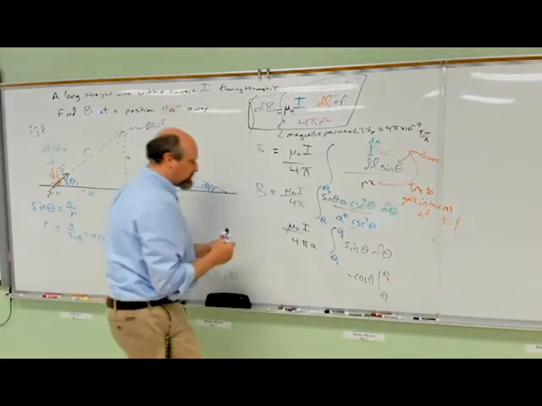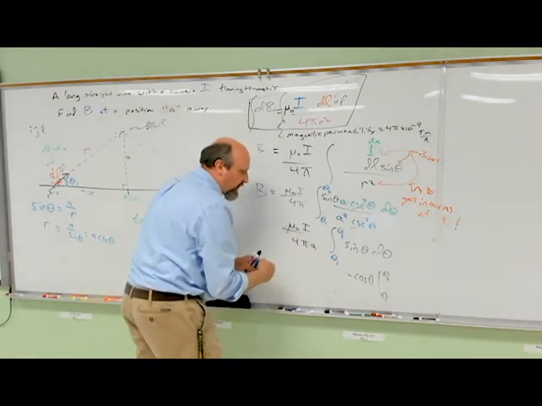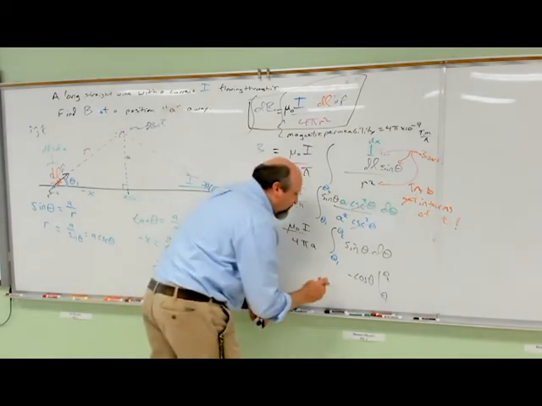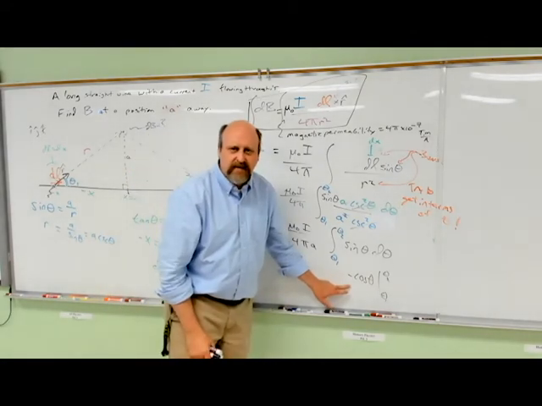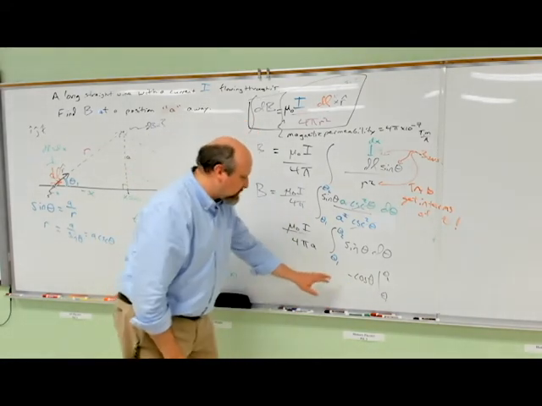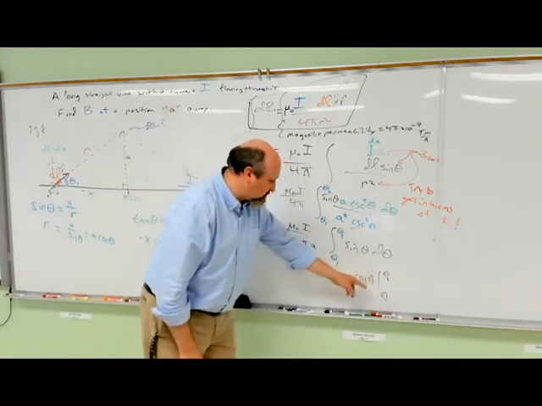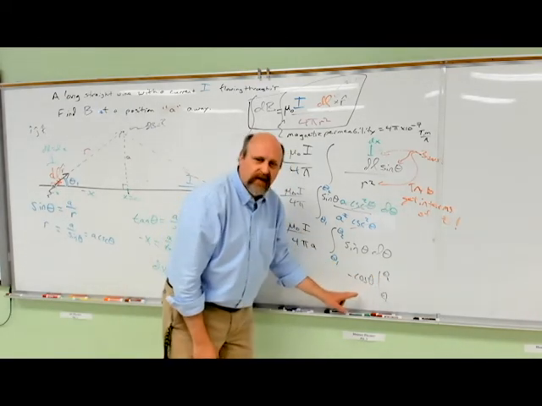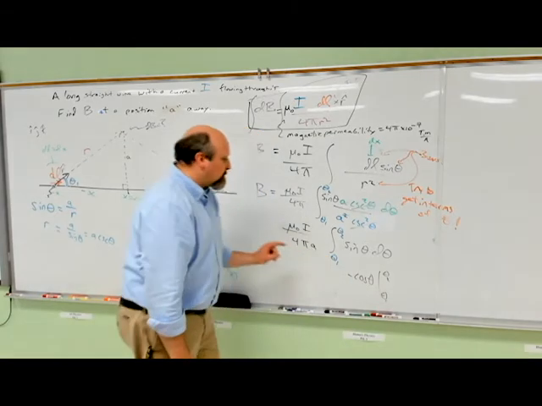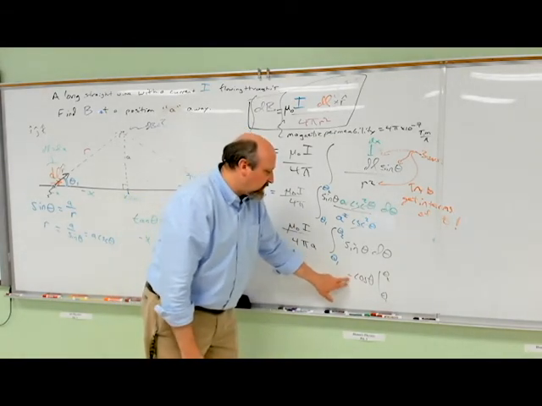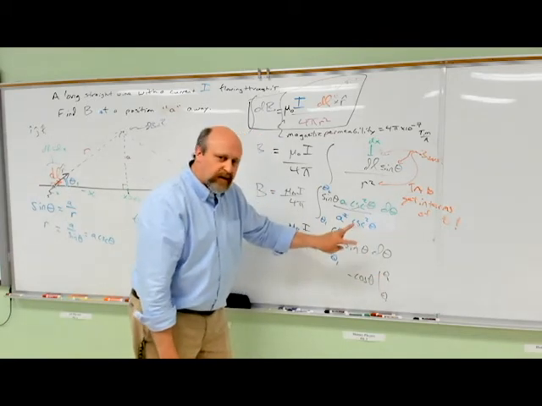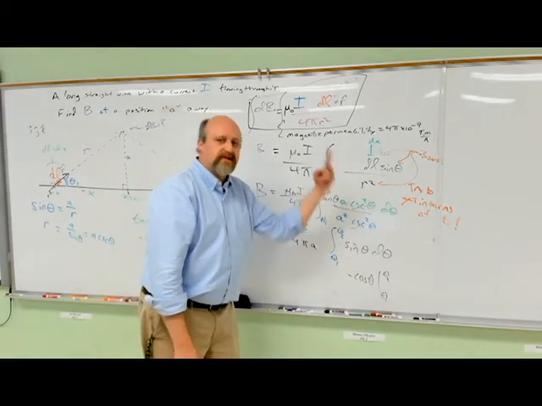Okay? And I still have this mu naught I over 4 pi a times it, right? Now, it's just nicer to not have the negative sign. If I do a subtraction, cosine theta 2 minus cosine theta 1, times negative, that theta 2 minus theta 1 will become just theta 1 minus theta 2.